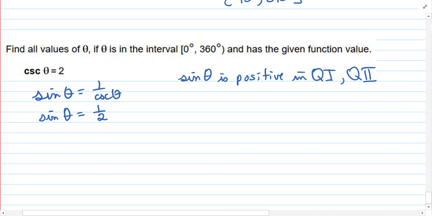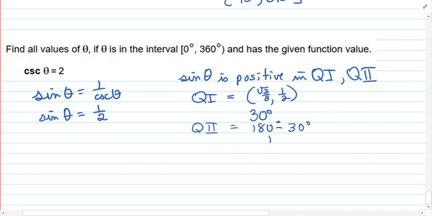And for sine to be 1/2, we have a 30 degree. In quadrant 1, we would have the square root of 3 over 2 and 1/2, because sine is the second value. It's the y. So that would give us 30 degrees. And then for quadrant 2, we would have 180 minus the 30 degrees, 150 degrees. So it would show up at 30 degrees and 150 degrees.